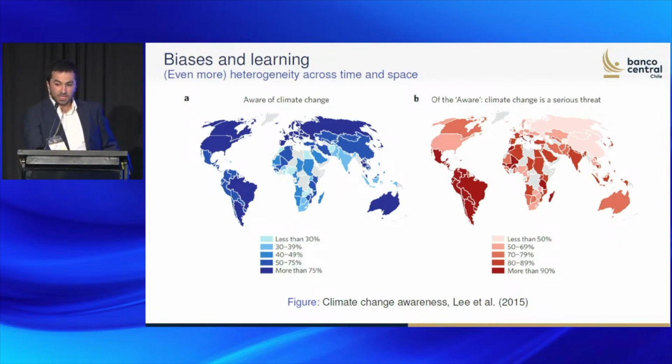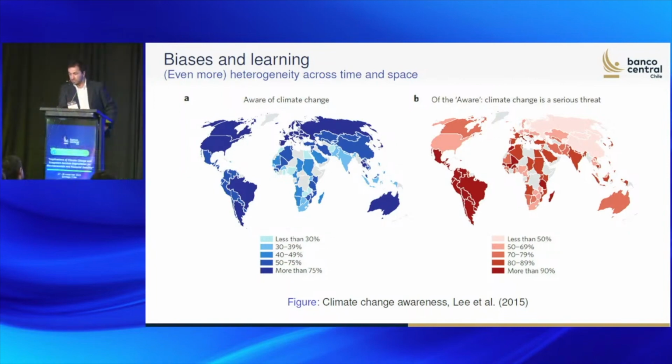On the other hand, we have India, where very few people think that climate change is even a thing, but at least those that think about it, you can see that it's very dark red in the red line. At least those that think that climate change exists, they think it's a zero threat. But overall, you have a lot of big countries with a lot of political power, with a lot of people that are not really sure that this is a thing.